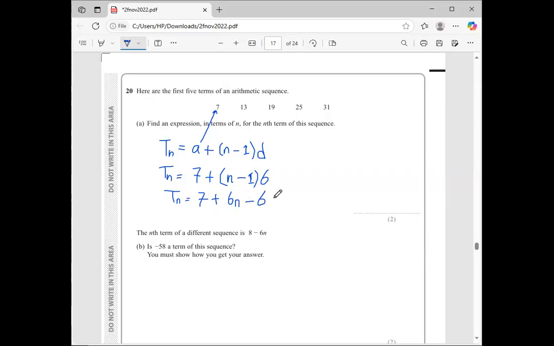So now you can collect like terms. 7 minus 6 is what? 1. So your final answer is 6n plus 1.